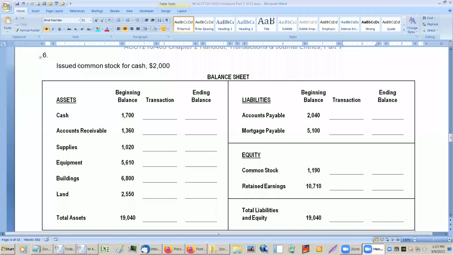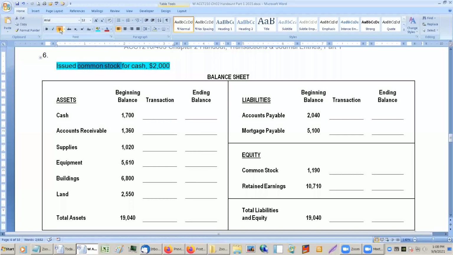However much stock we had before, it's going to go up because we just sold some, so there's more owners out there. The common stock amount is going to go up as well. Exactly. I'm going to put the cash in first, just because it's closer.